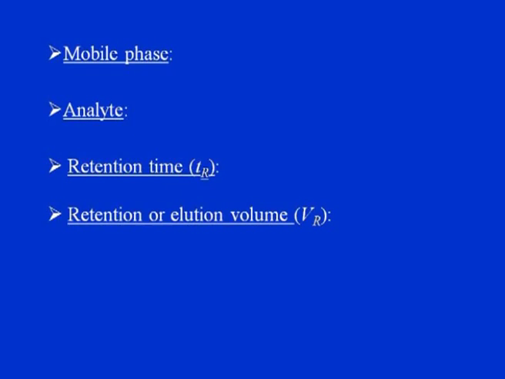Then there is the mobile phase, which moves onto or through the stationary phase, and carries the sample as per its affinities with it, so that the separation could take place. Like we said, you can have different combinations of stationary and mobile phase.